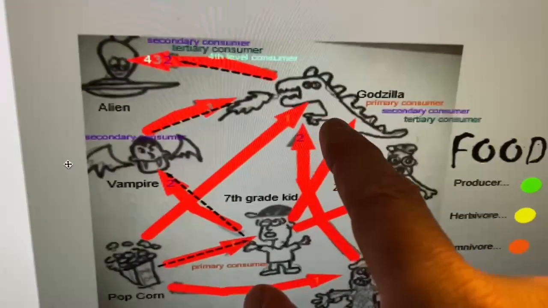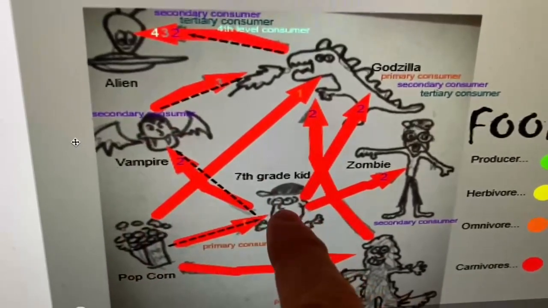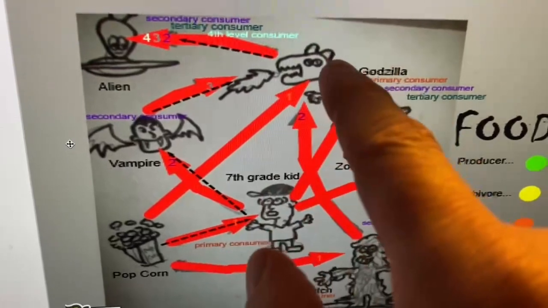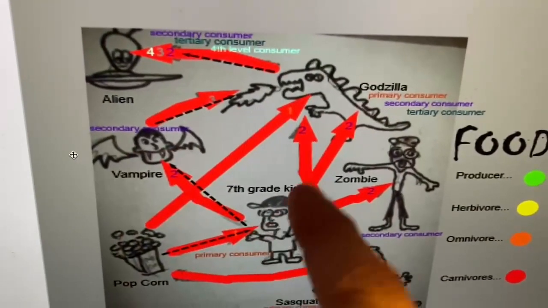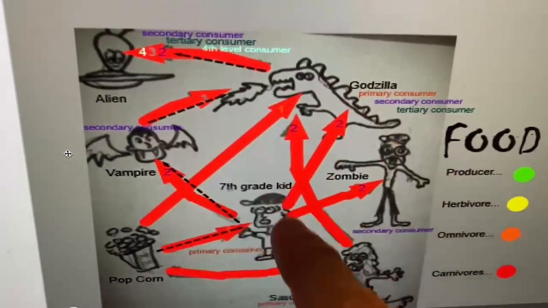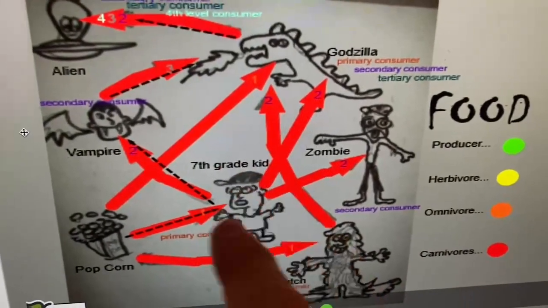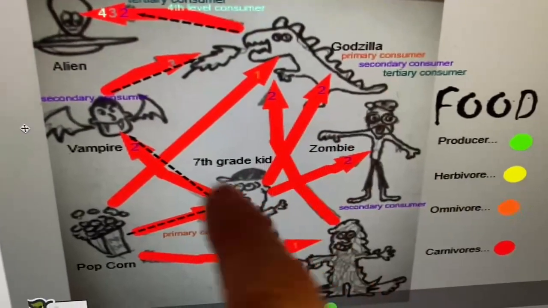If you took vampires out of this equation, it would be good for the 7th grade kids. It probably would be bad for Godzilla, although fewer vampires might mean more 7th grade kids, so it may not affect Godzilla that much, but it definitely will affect the 7th grade kids. And if there are more 7th grade kids, there should be more zombies.